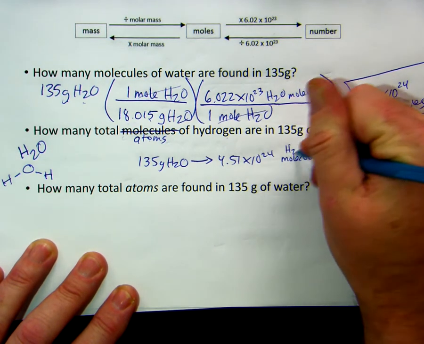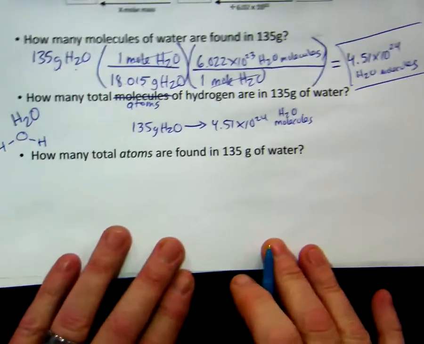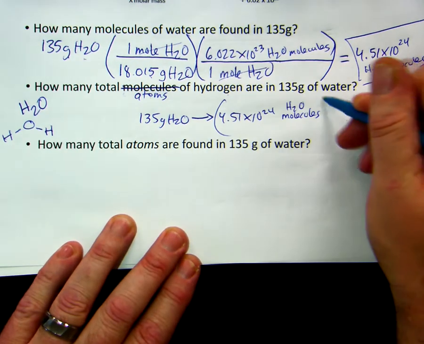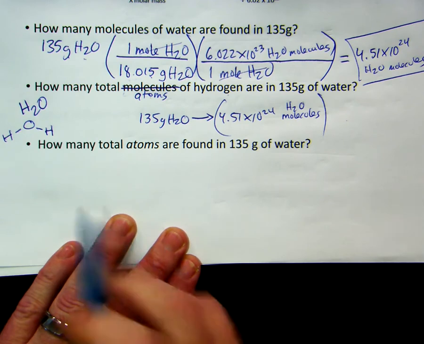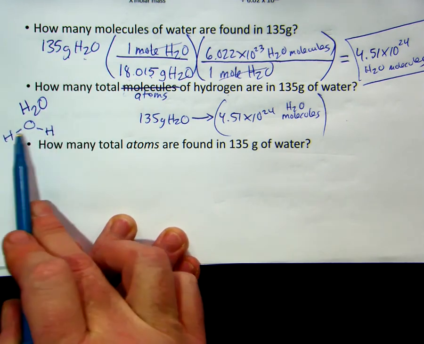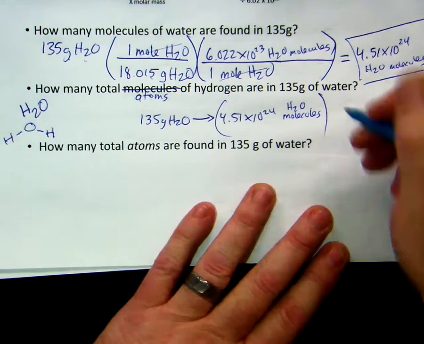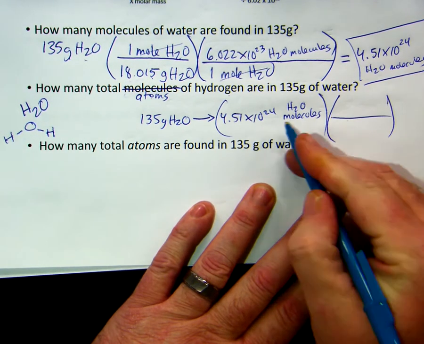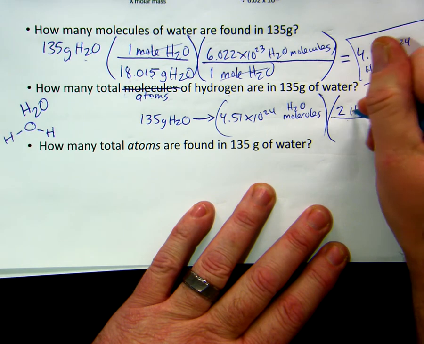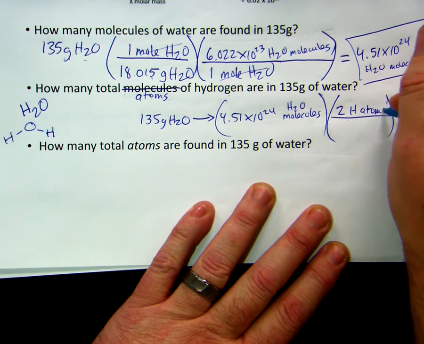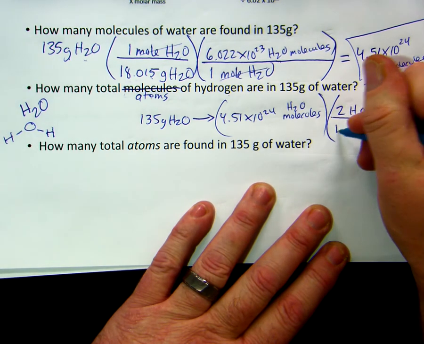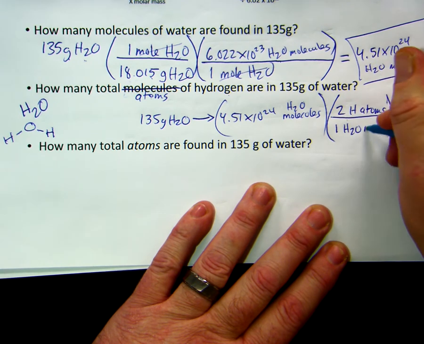of water, H2O molecules. So if we know that we have this many water molecules, and you can see that there's two hydrogen atoms per water, then you'd say, okay, I have two hydrogen atoms per one H2O molecule.